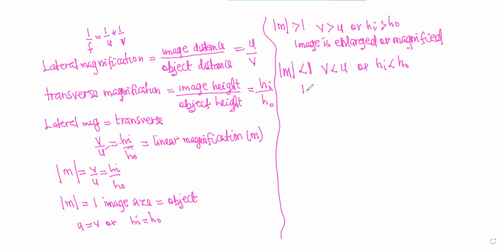Then the image is diminished. So these are what goes into the numerical value of linear magnification, whether it is equal to 1, greater than 1, or less than 1.